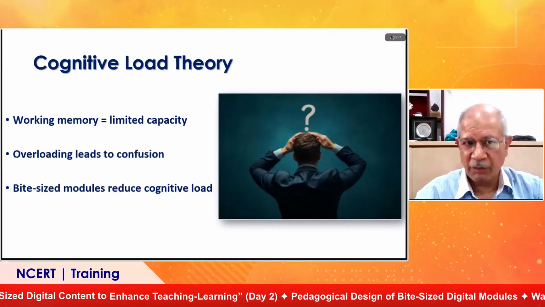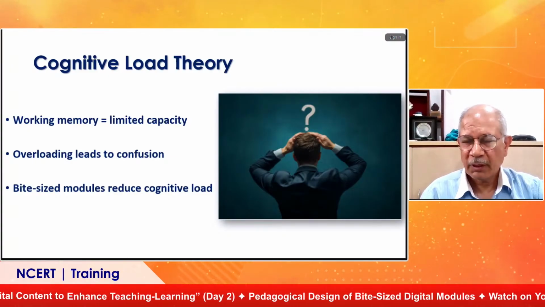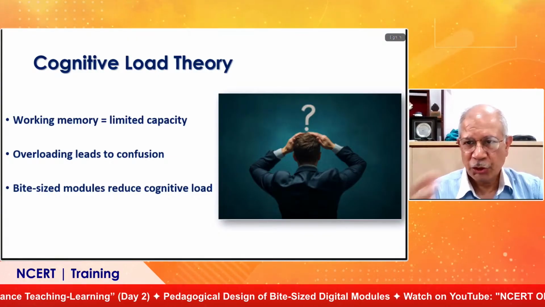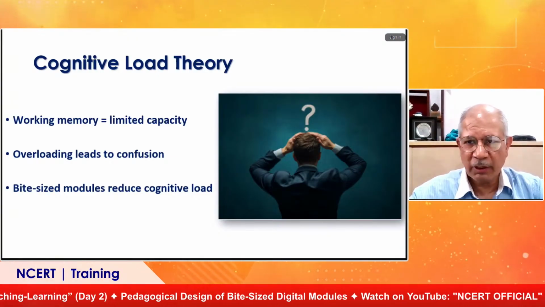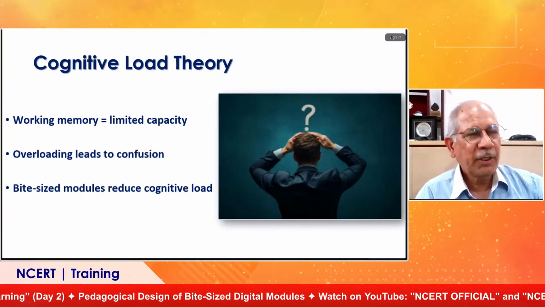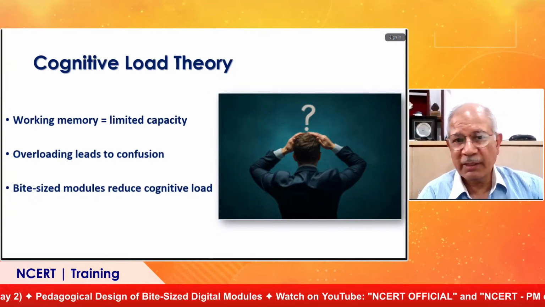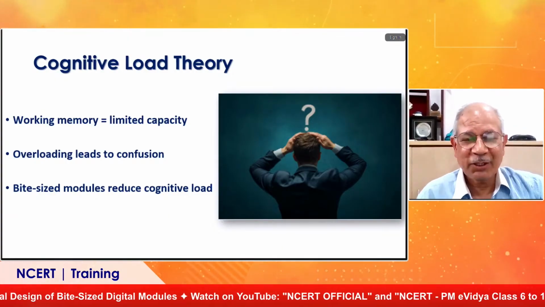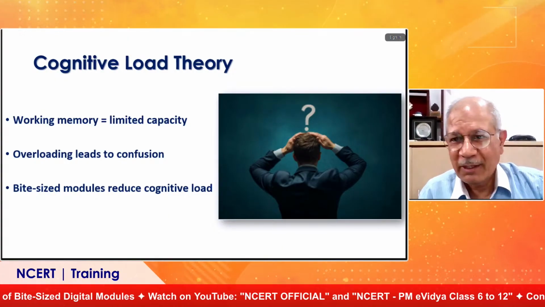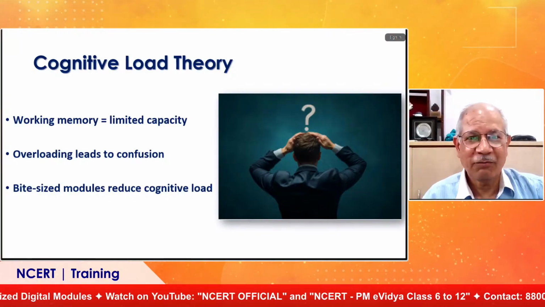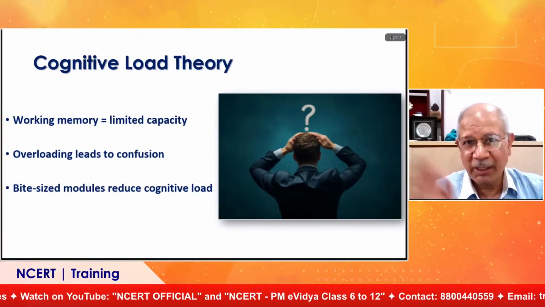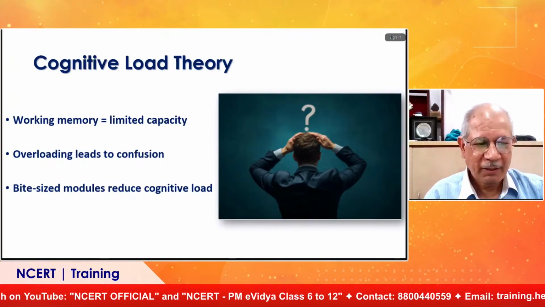Perhaps you are aware that we have two kinds of memory: short-term memory and long-term memory. Because nowadays everybody has a mobile phone or works on computers, I can give the example of RAM and ROM, random access memory and read-only memory.